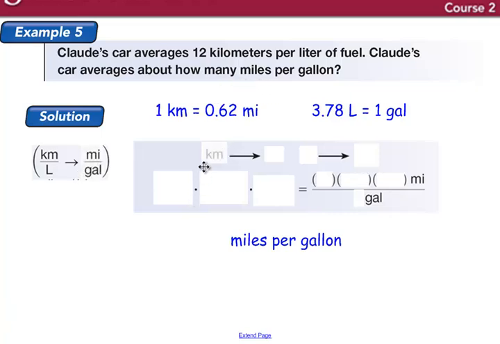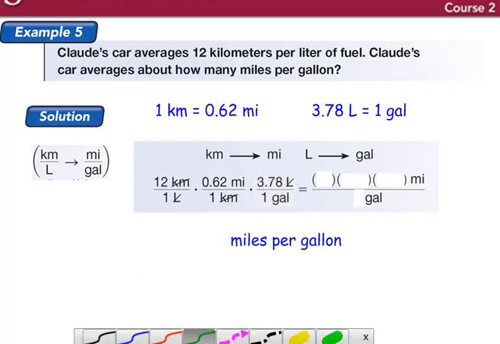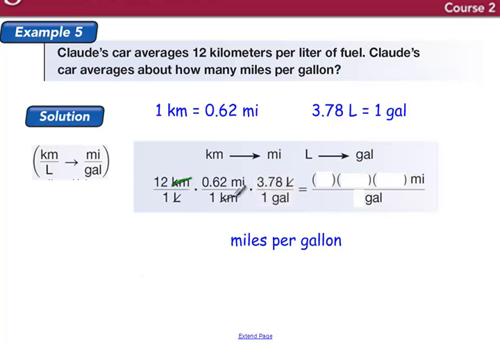So we will convert kilometers to miles and liters to gallons. So we will start with 12 kilometers per liter. We will have to convert kilometers on the bottom, so kilometers to miles. So you will have this 0.62 miles on the top, 1 kilometer on the bottom. Liters is on the bottom. We need it to be on the top to cancel out. So we will have 3.7 liters over 1 gallon. So let's go ahead and cross off those labels. Kilometers on the top, kilometers on the bottom, liters on the bottom, liters on the top.